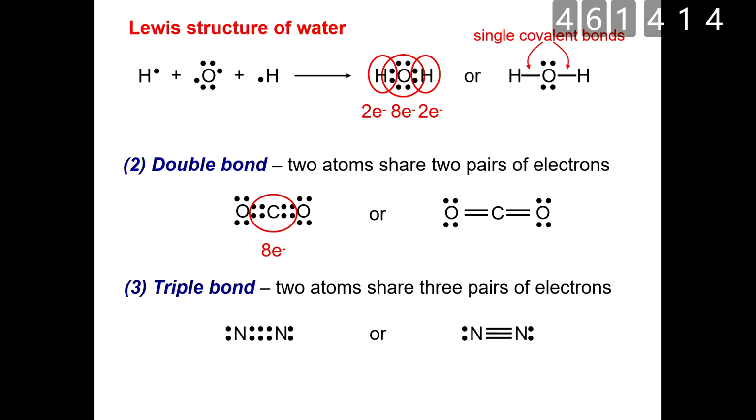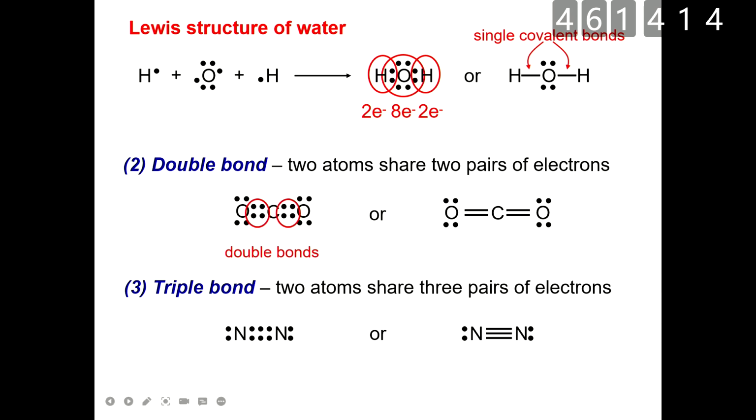So in the structure it is like this. In between there are 6 electrons. For these 6 electrons, for example, we can say this 3 is from this atom, this 3 from this atom.